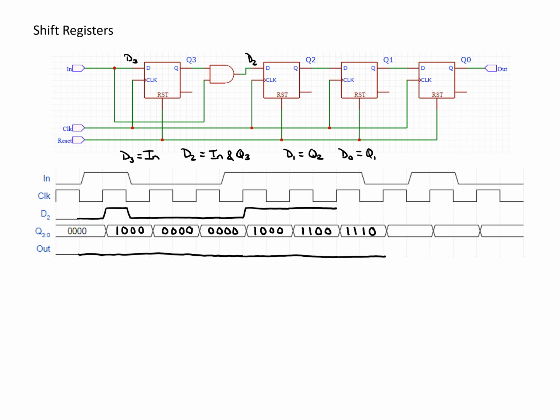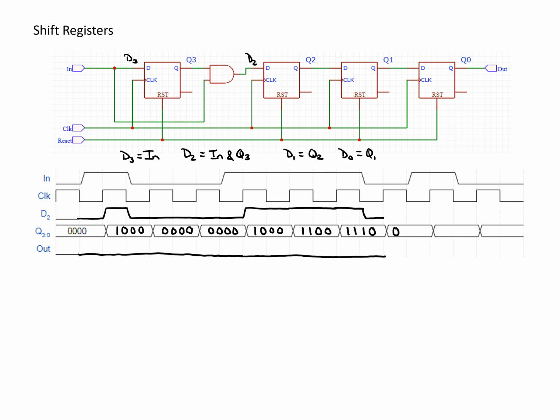For D2, up until this point, both in and Q3 are 1, so our value for D2 is going to remain 1. But now in goes to 0, so that means that D2 is going to 0. And then when we go to the rising edge of the clock, we see that for Q3 we're going to shift in a 0 since the input is 0.